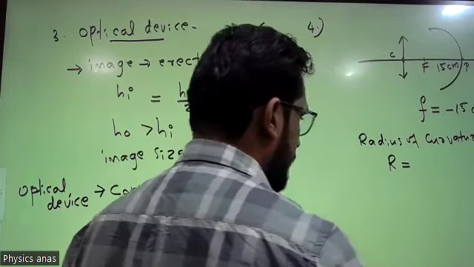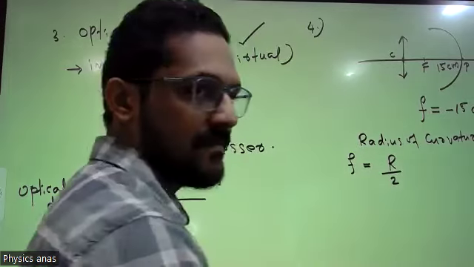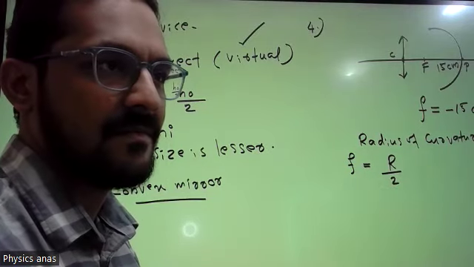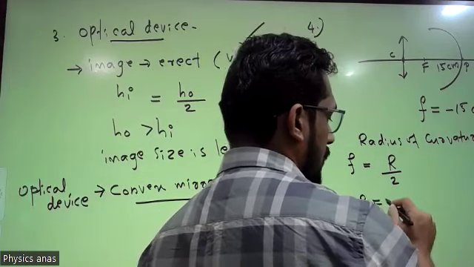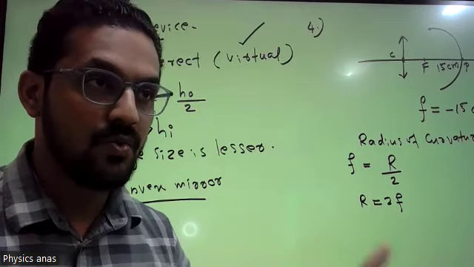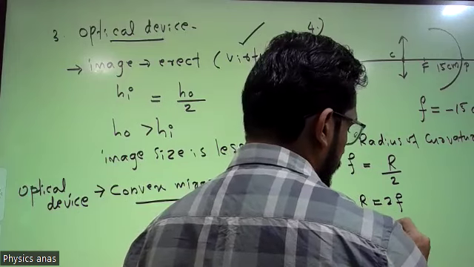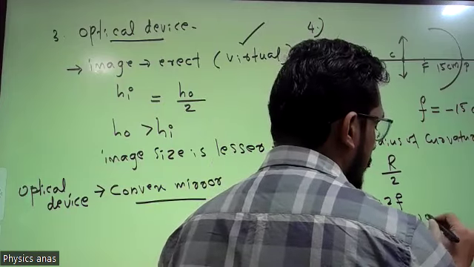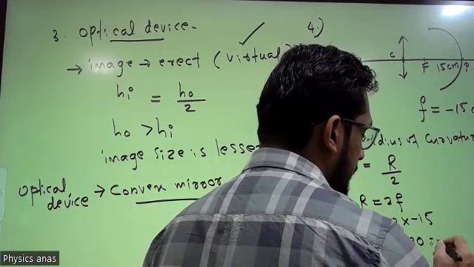You know, f is half of the radius of curvature. Then what is the radius of curvature? R is equal to 2 into f. Is that okay? R is equal to 2 into f. What is R? 2 into, who is f? Minus 15. Then what is R? Minus 30. Minus 30 centimeter is R.